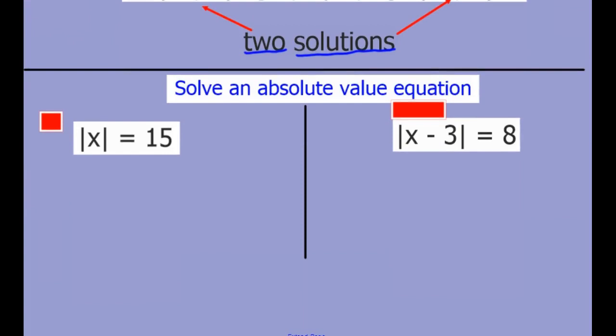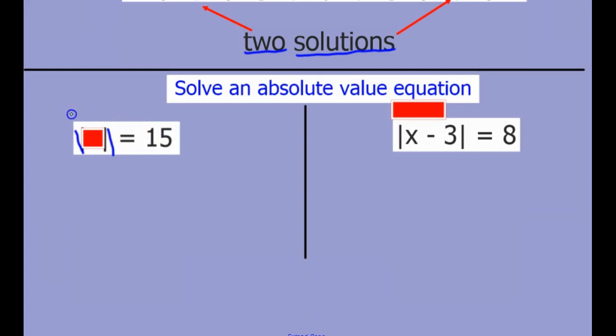Down here we have the absolute value of x equals 15. If I move this box in front of our x, we now just have our shower doors. Anything that goes into our shower needs to come out as a clean 15.